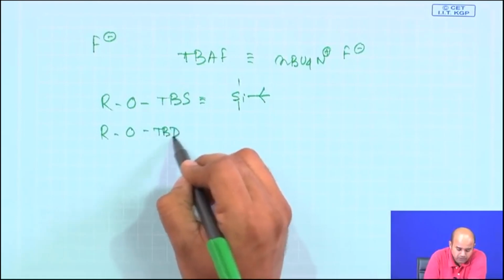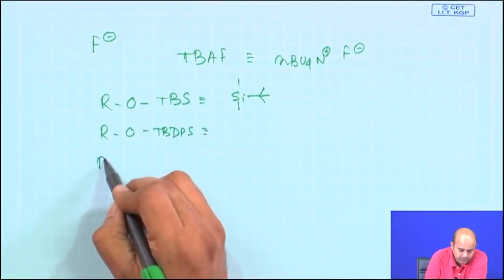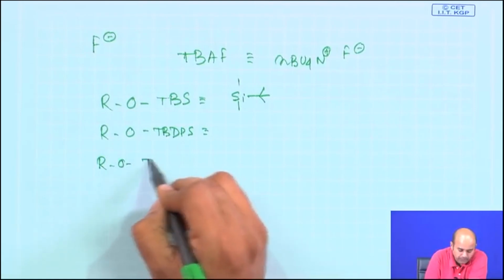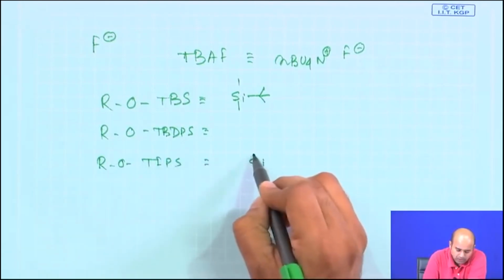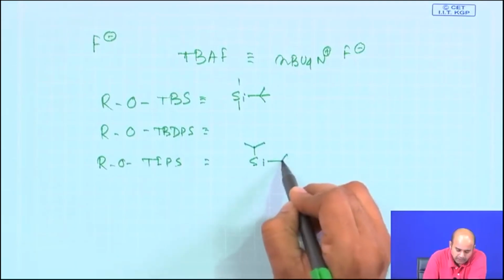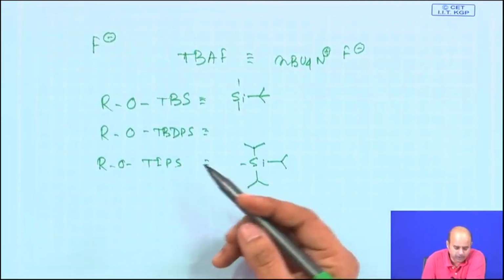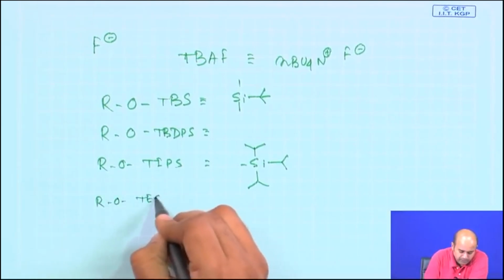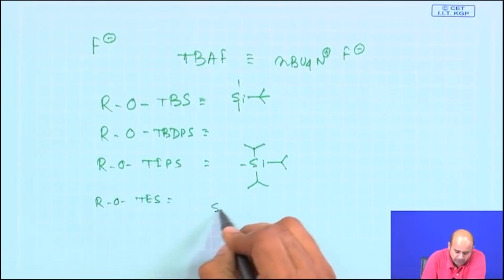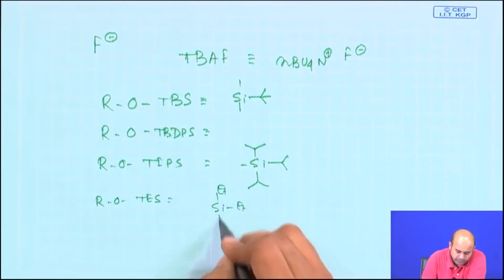TBDPS, which we just talked about, are commonly used silicon protecting groups. RO TIPS, TIPS stands for triisopropyl silyl. There are other silicon containing protecting groups like RO TES. TES is triethyl silyl, meaning silicon, ethyl, ethyl, ethyl.